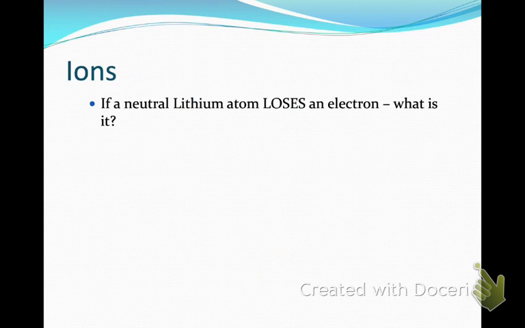All right, so we said if a neutral lithium atom loses an electron, what is it? So we actually already kind of looked at this example. Lithium neutral has 3 protons because it has an atomic number of 3. And if it was neutral, it would have 3 electrons. But it's asking us what happens if it loses an electron.